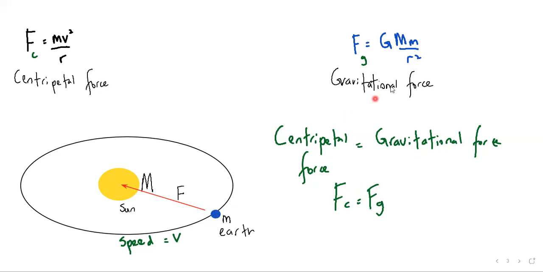This is the formula for the gravitational force: the universal gravitational constant, the mass of the sun, the mass of the earth, over the radius center to center. Centripetal force is the mass of the earth times the orbiting speed of the earth around the sun, over the radius, center of sun to center of earth.